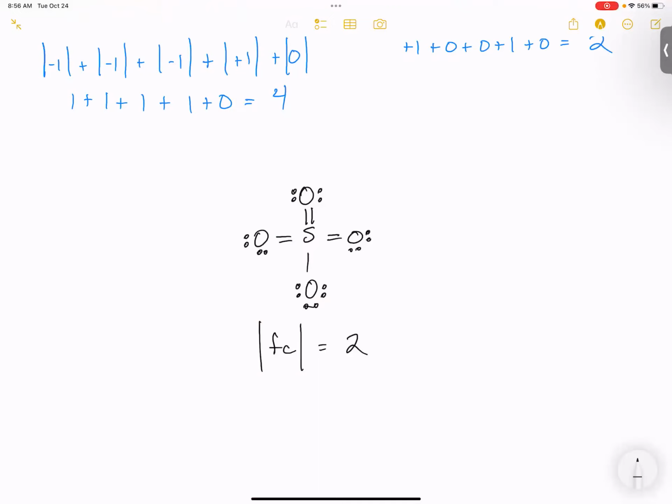It's not symmetrical. Symmetry is nice, but that's not it. Calculate the formal charge on the sulfur and the oxygen you changed. I want you to calculate the formal charge on the sulfur and the oxygen I just changed.